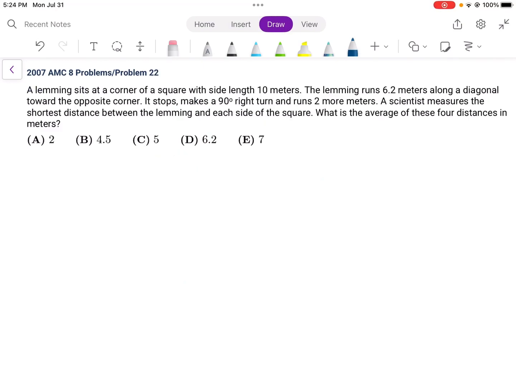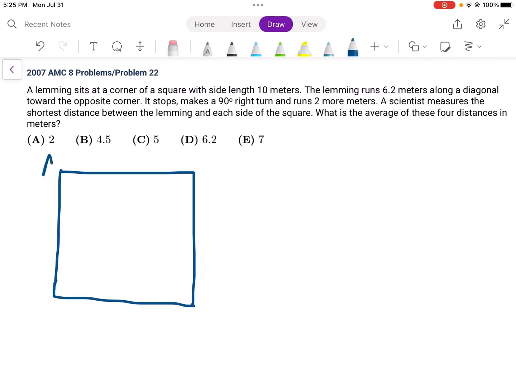Problem 22. A lemming sits at a corner of a square with side length 10 meters. We draw a square with side length 10 meters. Assume the lemming sits at corner B. It runs 6.2 meters along a diagonal toward the opposite corner.